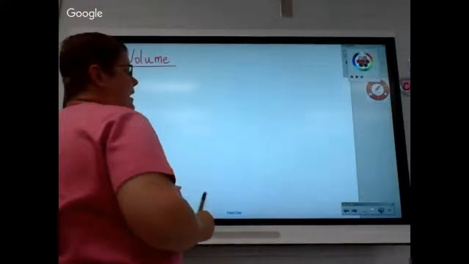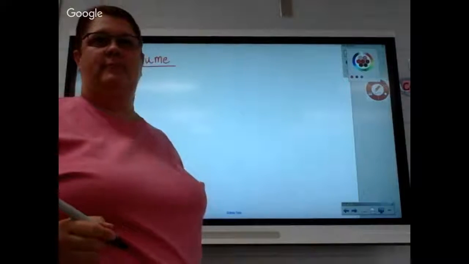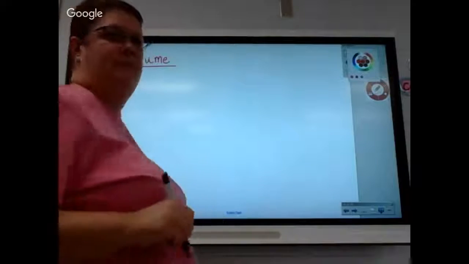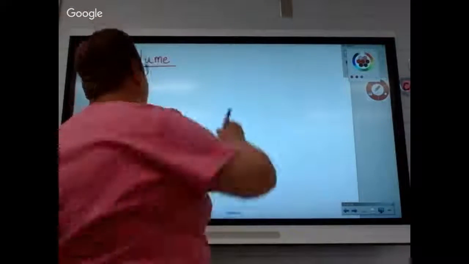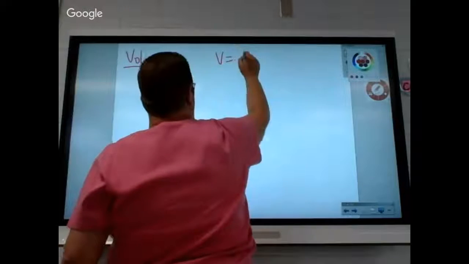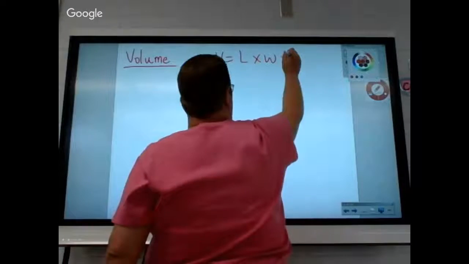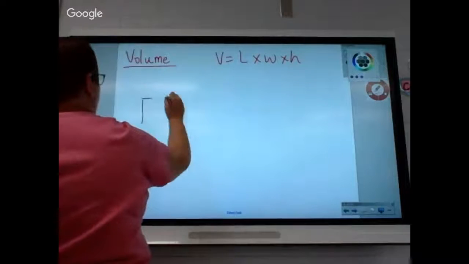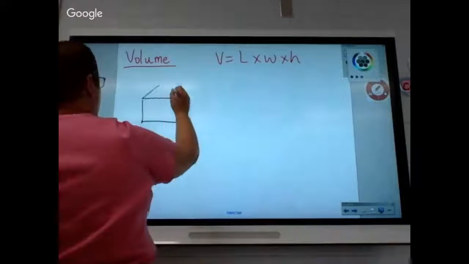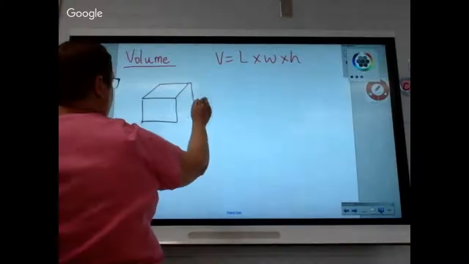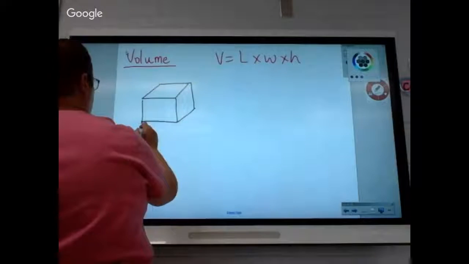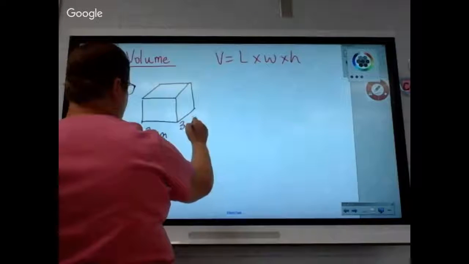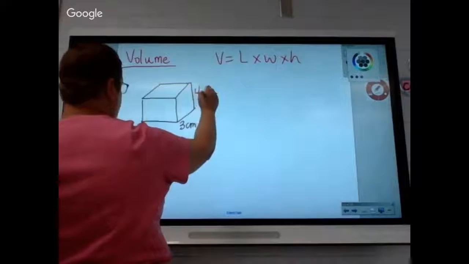Tell me the formula to calculate volume. Not of a triangle either. Okay, so volume is length times width times height. So let's just say for a moment that I draw an ugly cube, and I'm going to say that this is 2 centimeters by 3 centimeters by 4 centimeters.